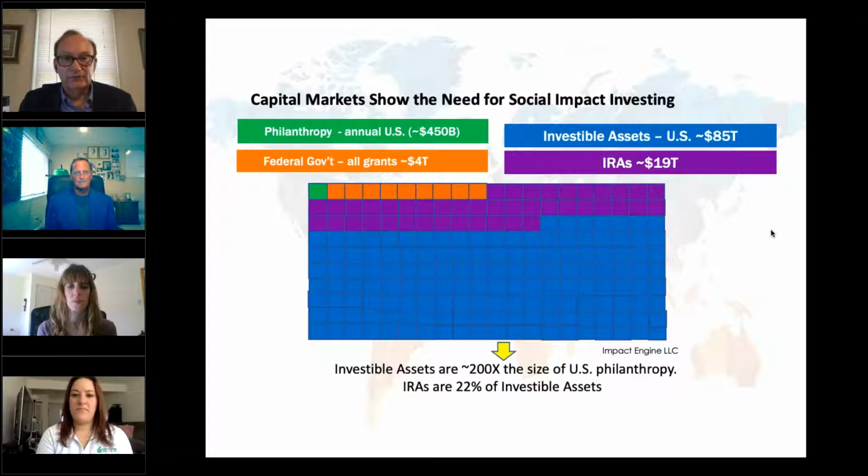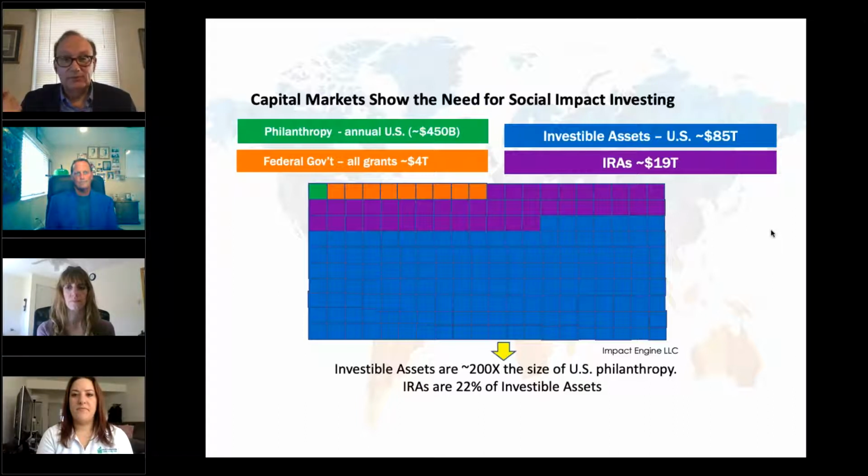And the government helps with some of the things that we all care about. That's a couple of trillion, 4 trillion. But everybody here on this call is interested in IRAs, self-directed IRAs. What could I do with my IRA investments if I could align them to achieve purposes that I care about in any of the causes that are near and dear to each individual? There's $19 trillion there.